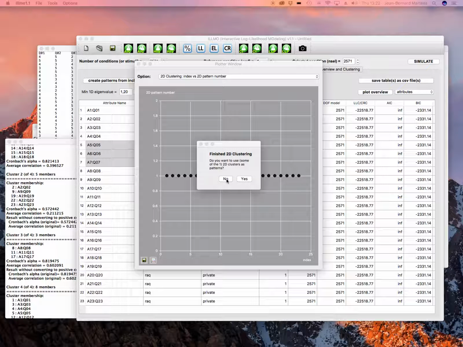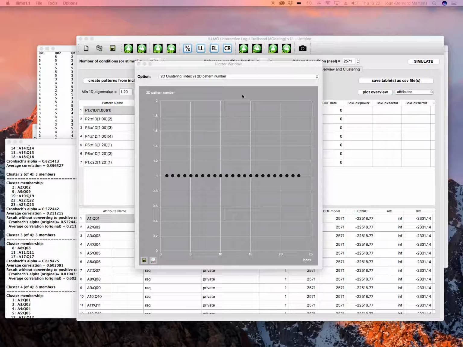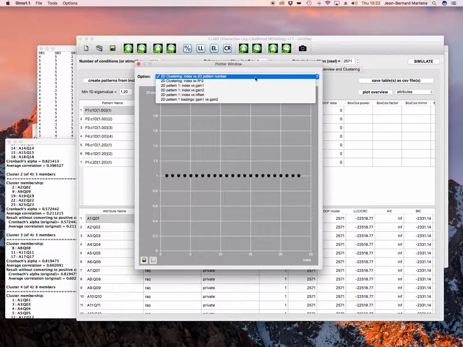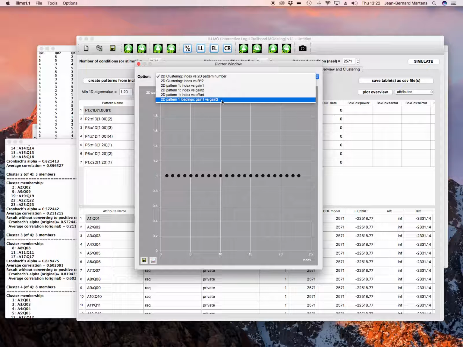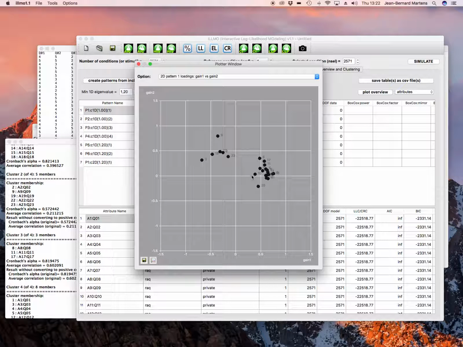So in this case there's only 1 cluster, and every question will be characterized by 2 numbers, actually the regression coefficients. And we see again that there are largely 2 large clusters of questions that belong together.